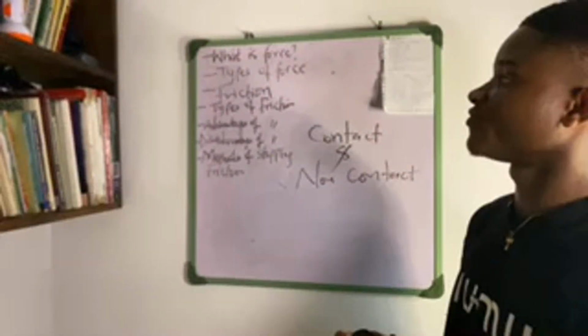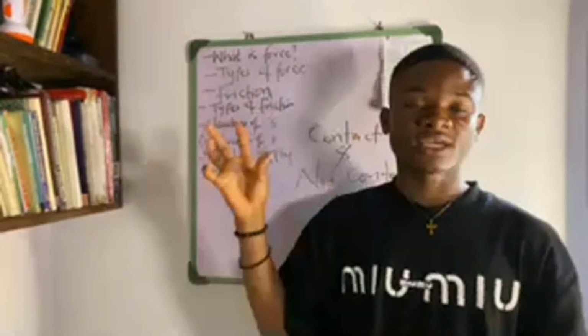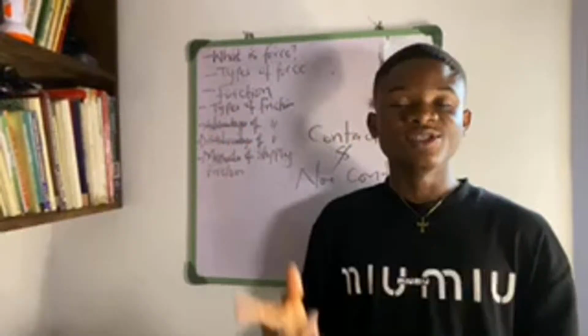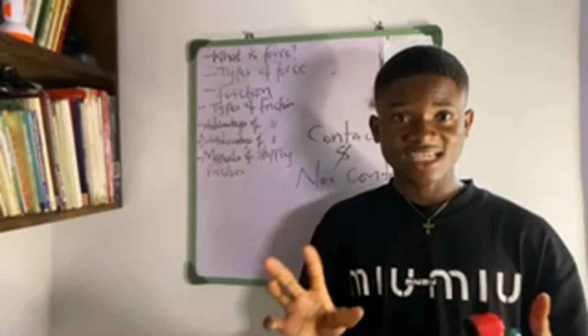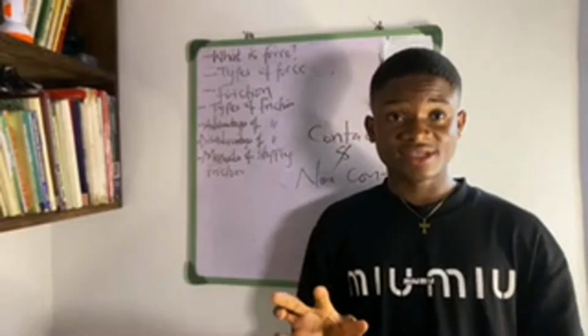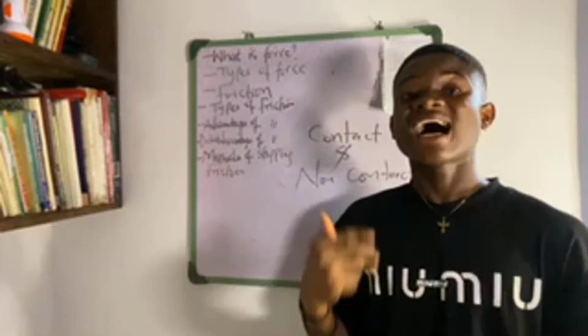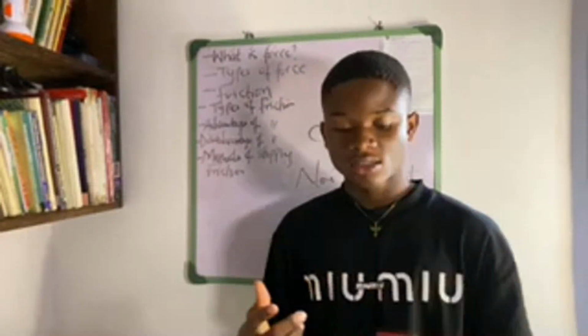Next, we are going to talk about friction. Friction is an example of a contact force. Friction is that force that acts between two bodies in contact. Do you understand to this point? Friction is the force that acts between two bodies in contact and tends to oppose the motion of one over the other.